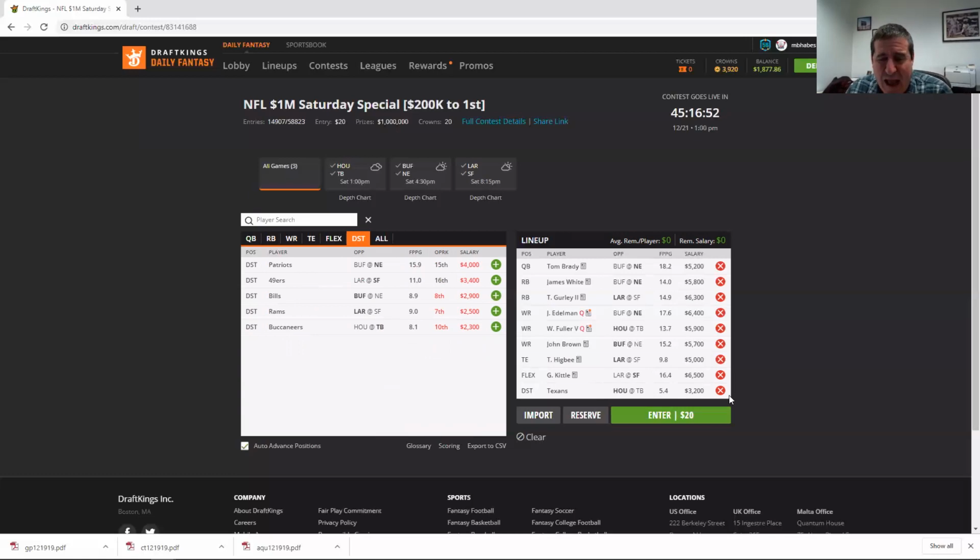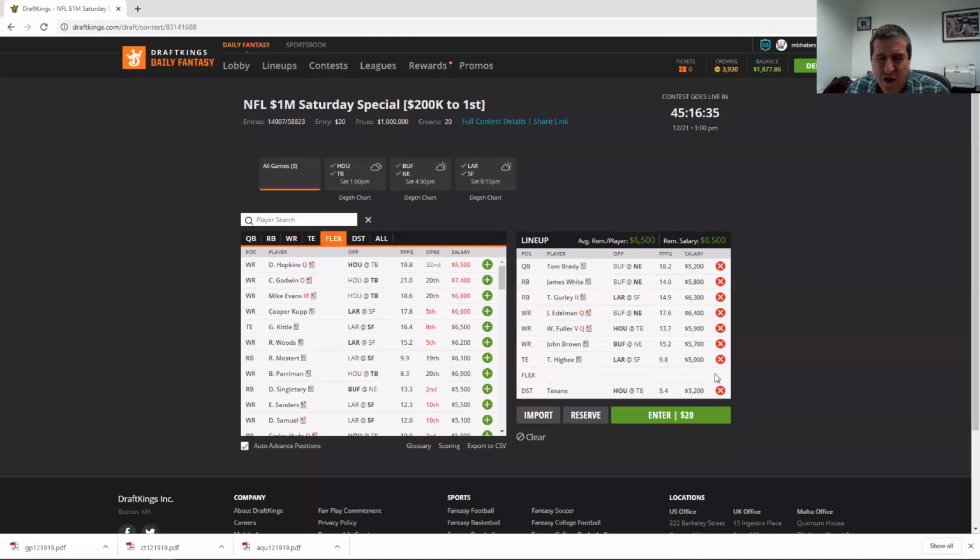So it depends on how you want to do it. But remember, if you do play Kittle, now you're playing Kittle and Gurley, who are two pretty high-owned guys. You're still fading Hopkins, which is good. So it's not exactly the uber chalk, but for some reason, I think this is a little bit too chalky.